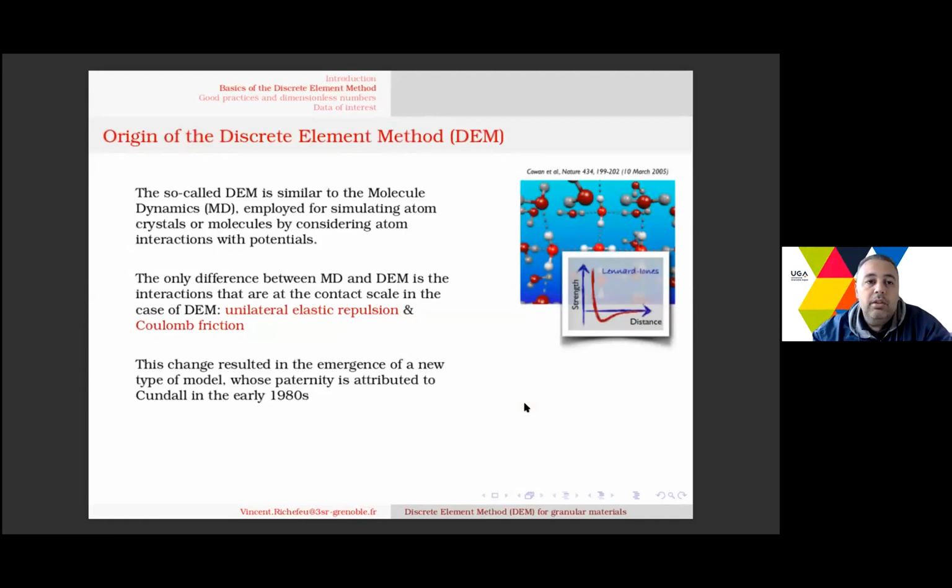So a few words about the origin of the DEM, the Discrete Element Method. This is my story. I don't know if this is the true story, but I consider that the DEM comes from the molecular dynamics, where researchers try to model the interactions between atoms at the scale of atoms by using potentials like that one.